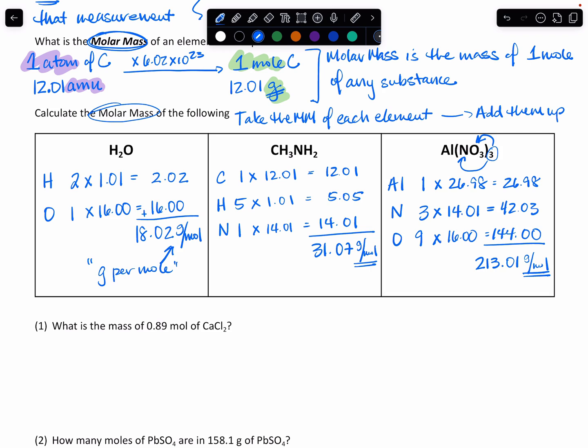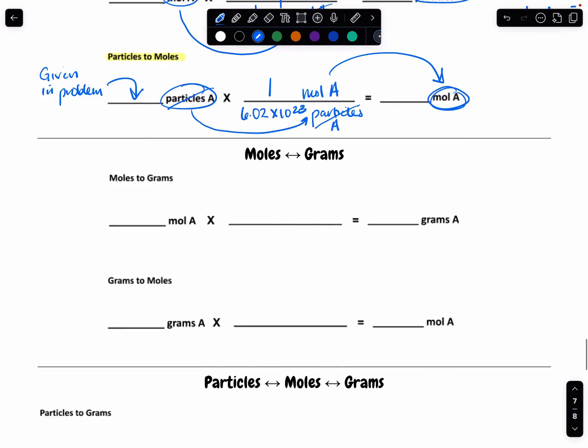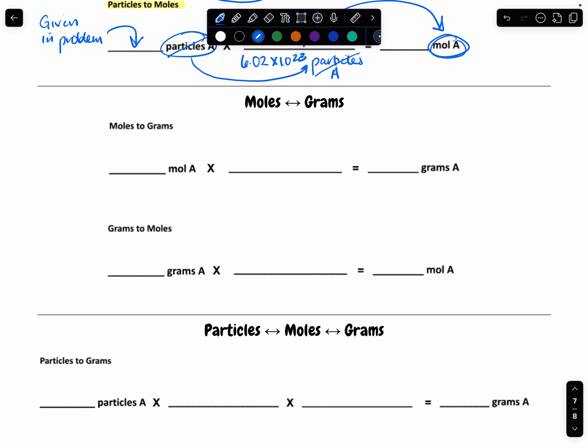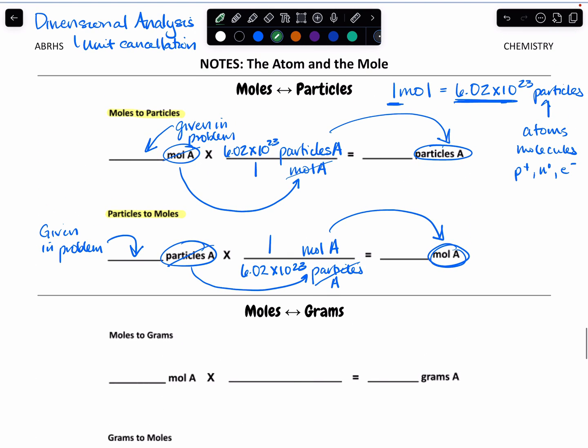Okay. All right, so let's go back to this back page and talk a little bit about how to convert between moles and grams. All right, so before we had a unit equality where 1 mole of the substance was 6.02 times 10 to the 23rd particles.